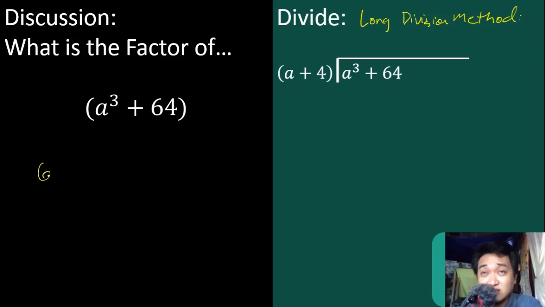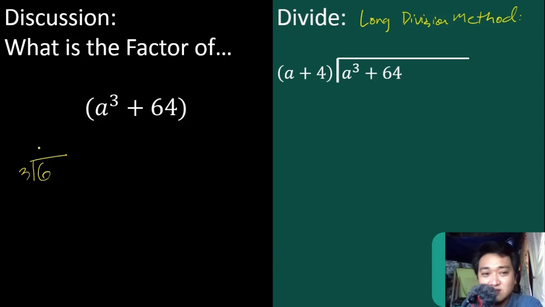Ayan, we divide. So, let's say you have a number 6 and you want to know the factors. You can divide them by numbers like 2, 3 and 6. So in this case, if you want to get the factor of 6, the old method is to divide this by either 2 or 3.